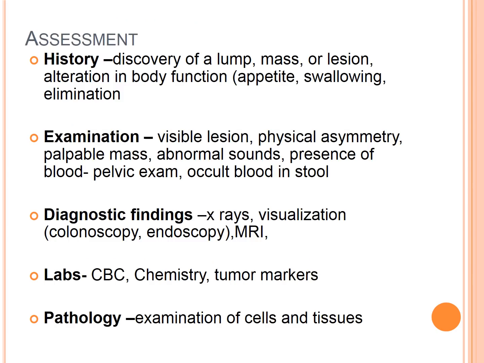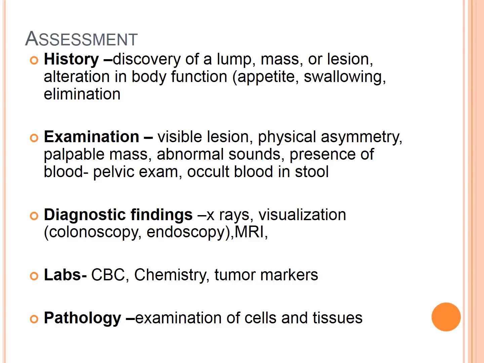So your assessment, looking for a history of possibly finding a new lump, mass, or lesion. And also when we're talking about leukemia and lymphoma today, you'll notice that a lot of the clinical manifestations have to do with enlarged lymph nodes or enlarged liver or spleen. So things that have become enlarged or have a new lump, something that is abnormal. Alterations in body function.